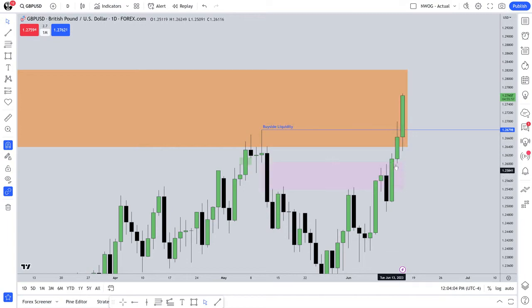If you're going long here and it runs up and hits the low end of that imbalance, that's profit partial 1. Now, if it doesn't go to consequent encroachment of that wick, what do you think of that? That's a partial. Why? What I said earlier.